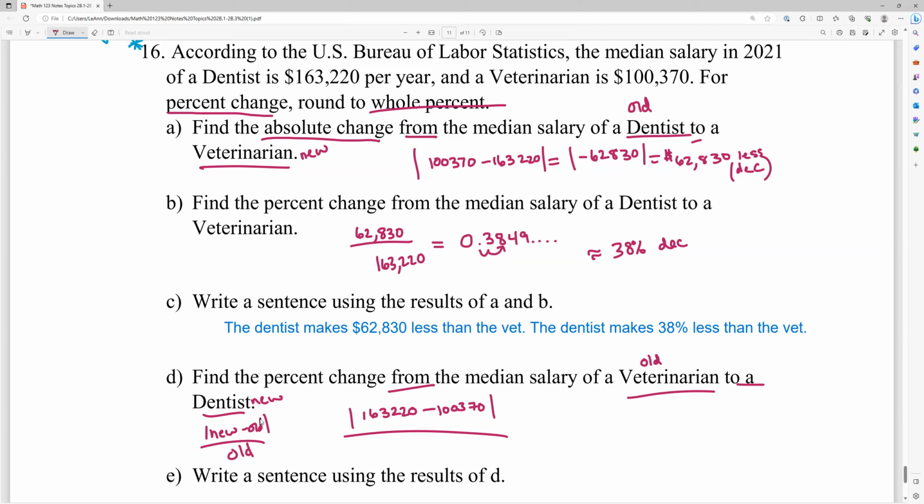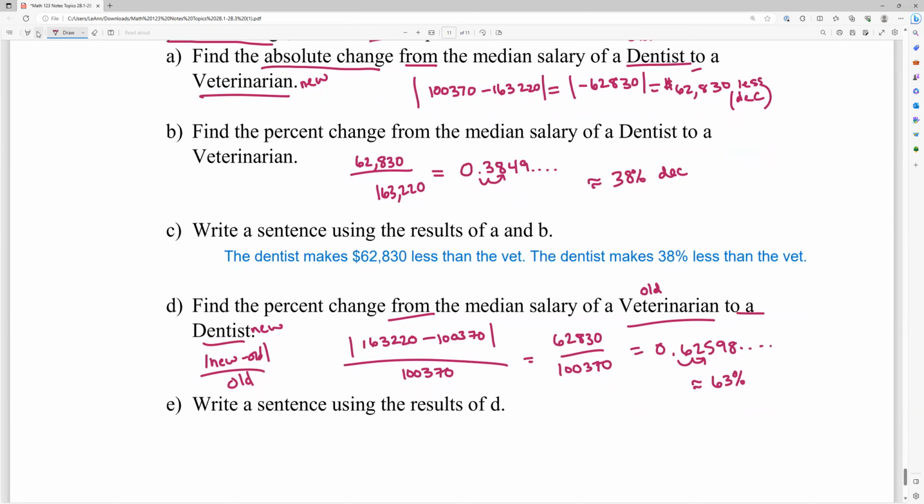So now instead of dividing by the salary of the dentist, we're dividing by the salary of the veterinarian. Okay, so this is still going to end up being 62,830 on top, but the bottom we're dividing by is 100,370. If I write this out to a few decimal places, 0.62598... Move it 2 places to the right to turn it to a percent, 62.5. The 5 will bump that up to the nearest whole percent of 63%.